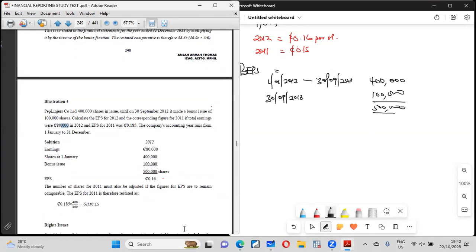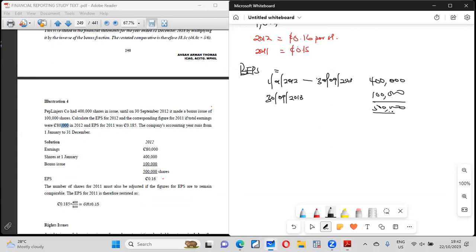Okay, so what now is the bonus fraction? Like I said, you can still deduce your bonus fraction, because the bonus fraction is the number of shares that existed after. You could see clearly here that the number of shares that existed after is 500,000. So if you wanted to do your 6/12, this one won't be 6/12, it will be 9/12, right?